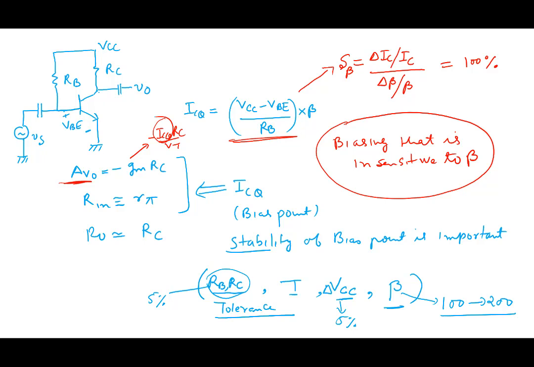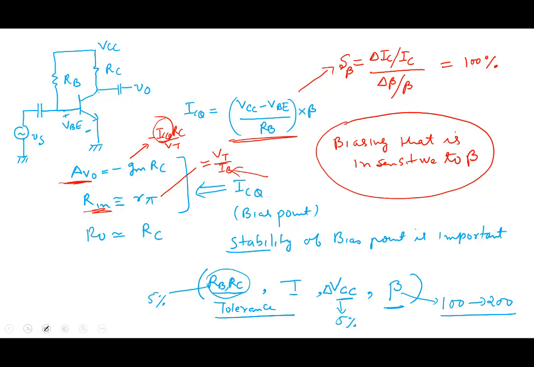But r_pi, on the other hand, equals Vt by Ib. So if you want the input resistance to be fairly stable, then you want Ib to be stable. You can't have both in these cases. You can make IC stable against variations in beta. So fine, ICQ is fairly stable, but then the IB will vary here.